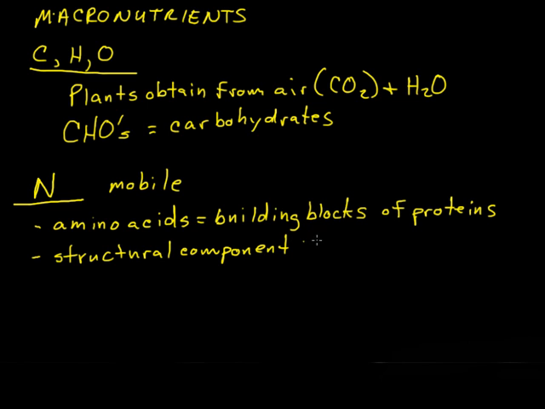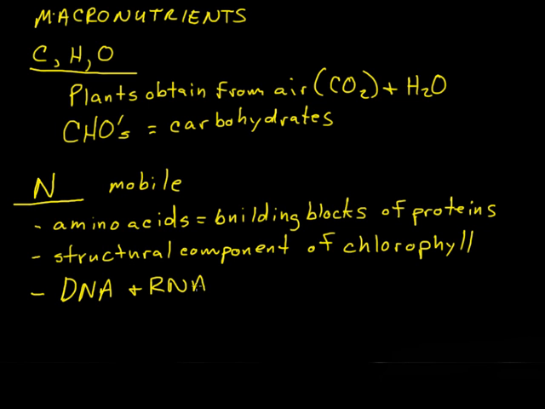And chlorophyll, as we're going to talk about very shortly, is the main pigment involved in photosynthesis, and so that's extremely important to plants. It is a part of its structure. And then we'll list finally here, it's also a part of the structure of the so-called nucleic acids, DNA and RNA, which are involved in storing and interpreting the so-called genetic code of the plant.